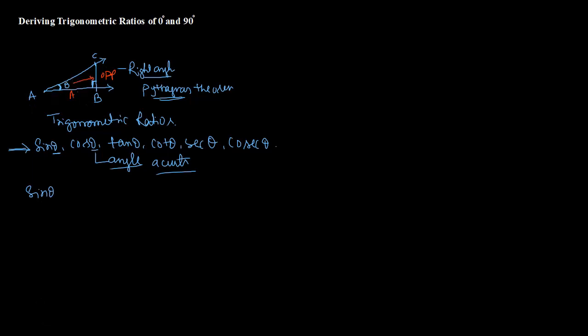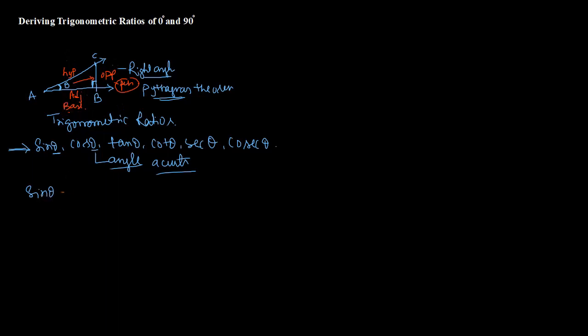This will be my adjacent side. Because it's a right angle triangle, this is going to be the hypotenuse. In some textbooks or schools, you will learn this terminology as perpendicular, base and hypotenuse. In this scenario, I'm going to use opposite, adjacent and hypotenuse.